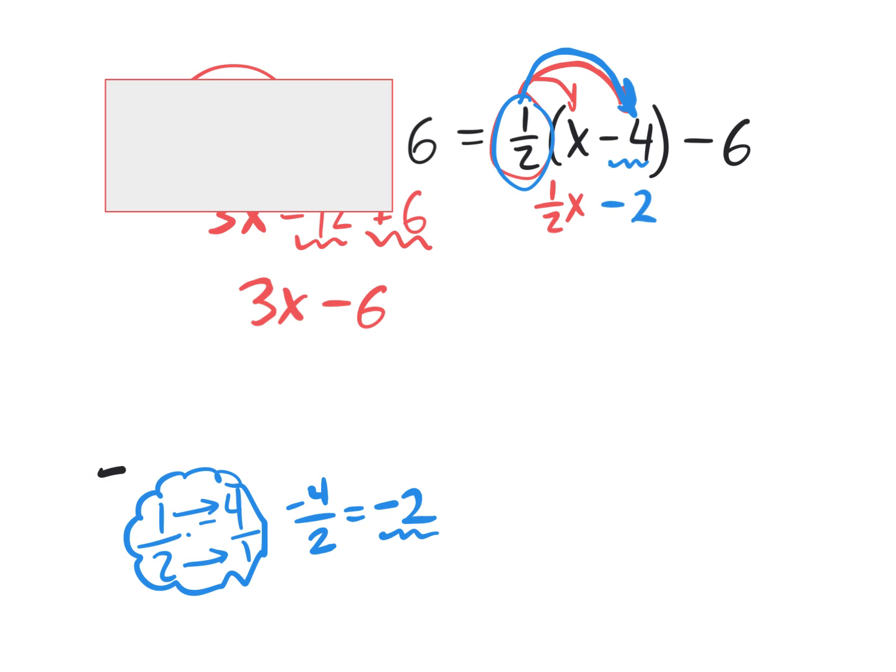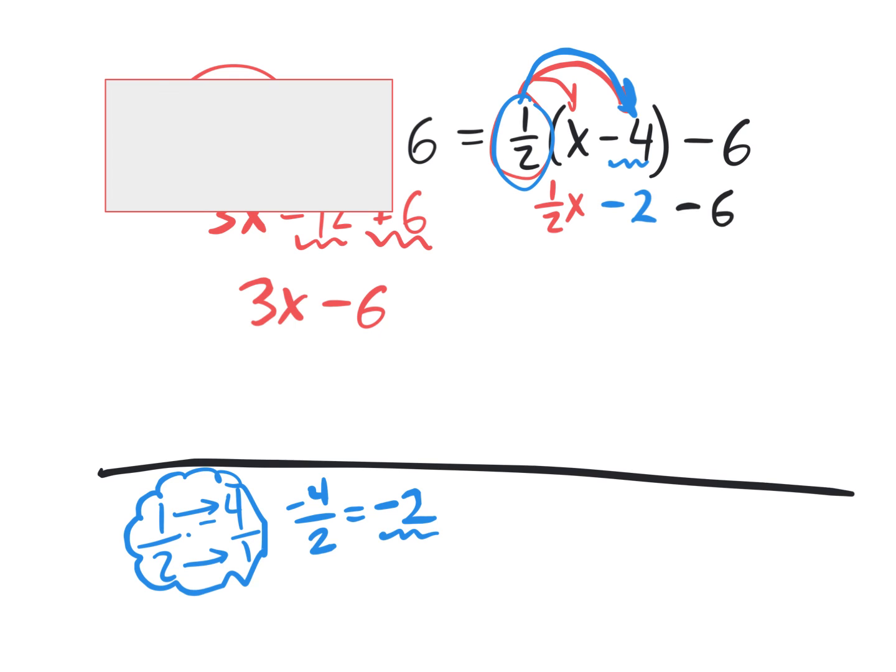Okay, let me put a line here so we don't get confused. Anyway, we need to bring down this -6. So we bring that down, -6. Now we have distributed, now we need to combine like terms. Of course, you could combine the numbers with the numbers. -2 minus 6 is -8. So we have a -8 right there. And then bring down the 1/2 x.